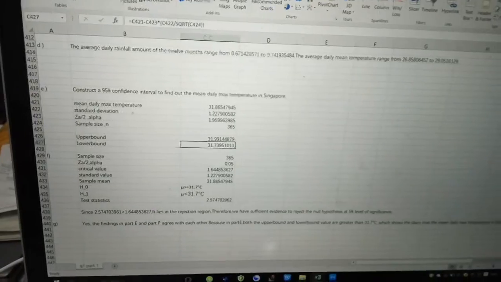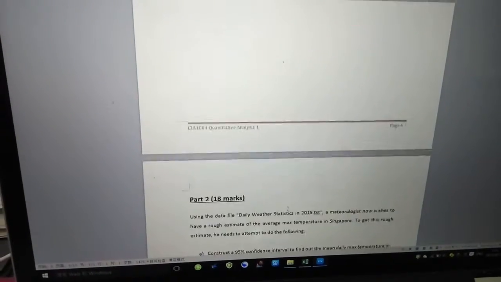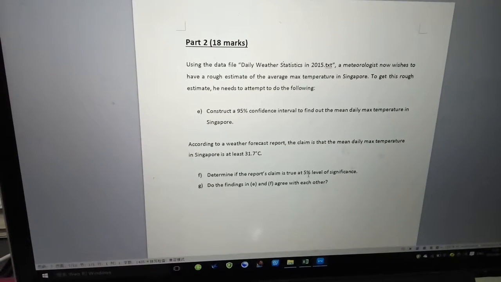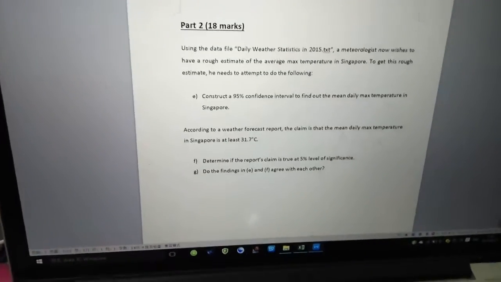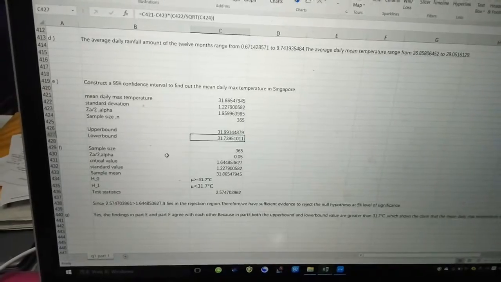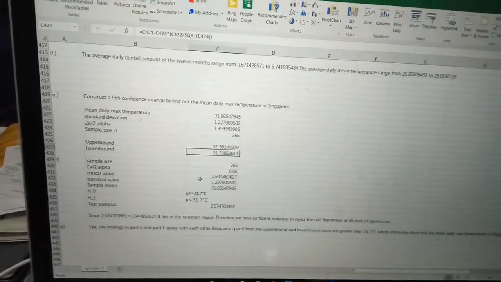So next question, question F. As you know, the question requires us to create a 5% level of significance test. So I need to get all these values first. The sample size 365, alpha 0.05, and the critical value.